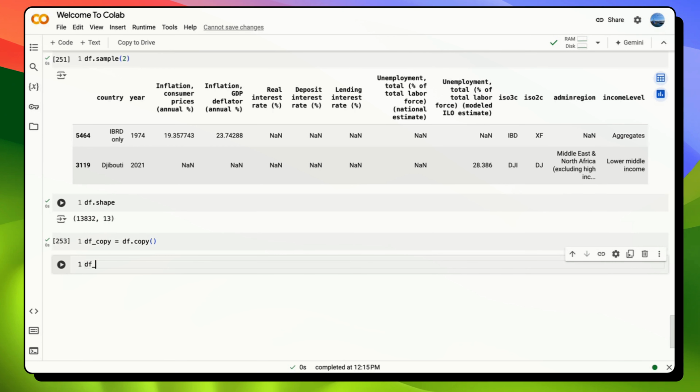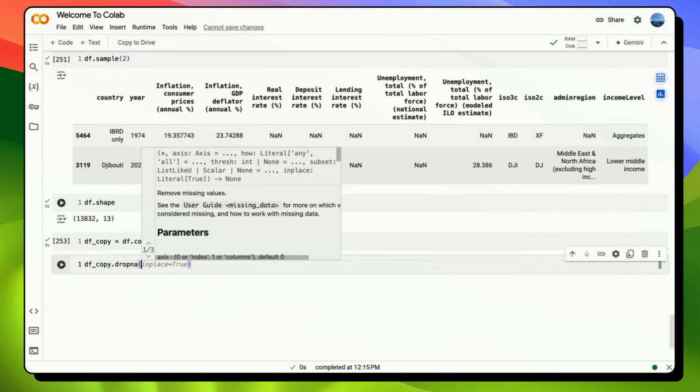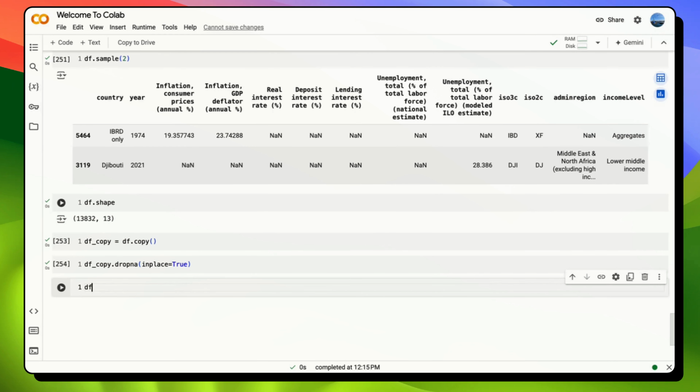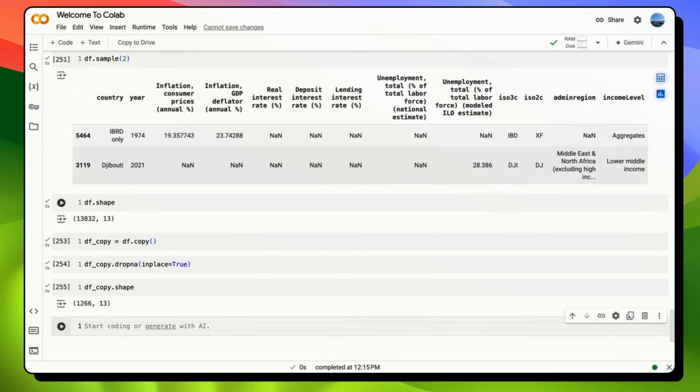What we will do is, so from 13,800 rows to 266 rows is not going to be an accurate representation of the data that we're about to see.